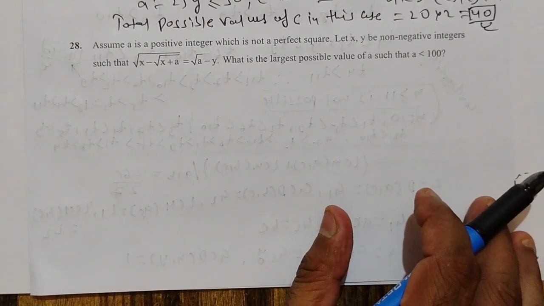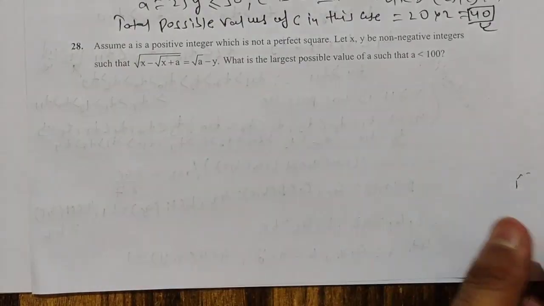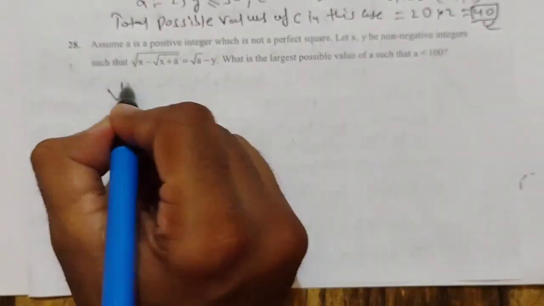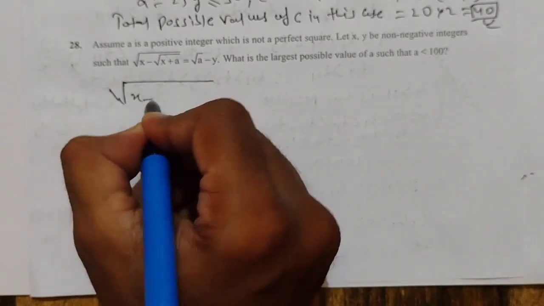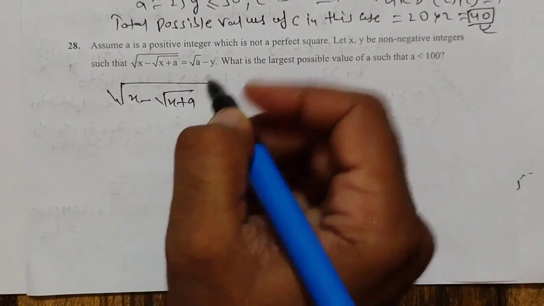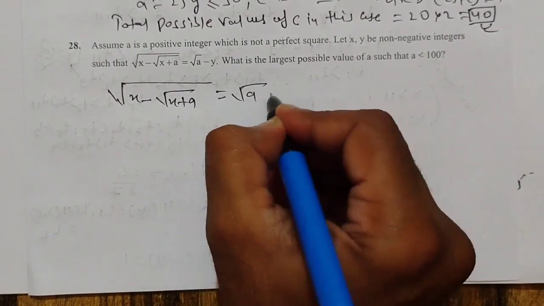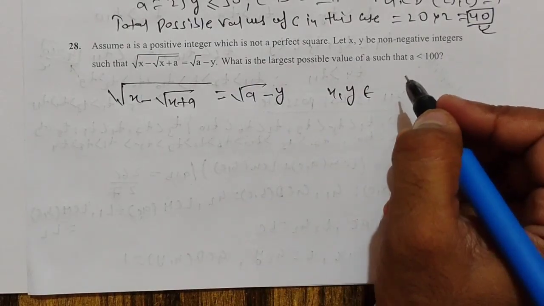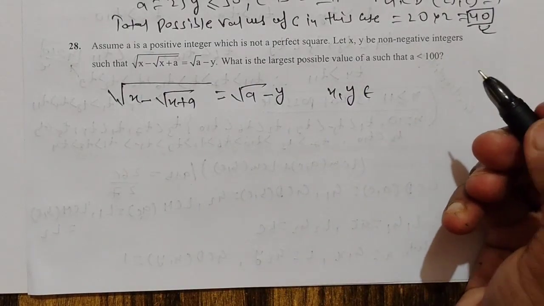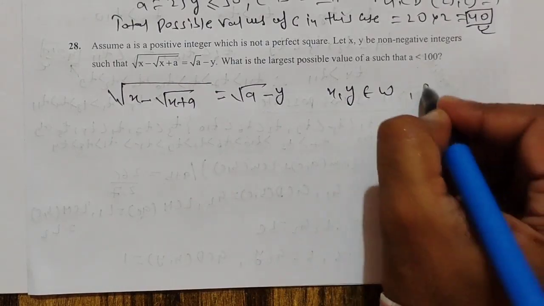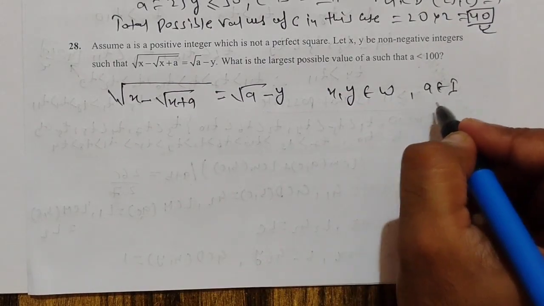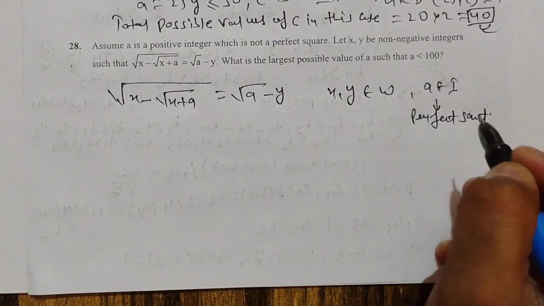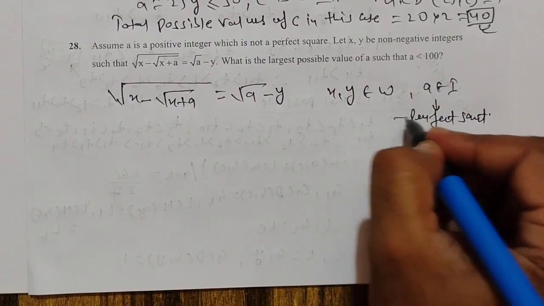So now we have here square root of x minus a square root of x plus a is equal to a square root of a minus y, and here x, y belong to whole numbers and a belongs to integers, and this is not a perfect square.